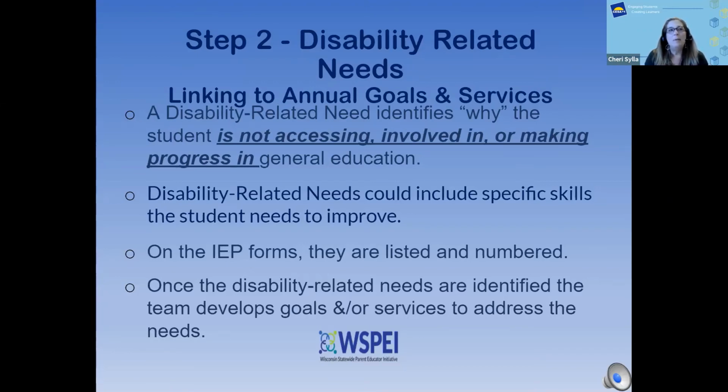So an example of that might be, the student has difficulty traveling from class to class, especially middle school, high school students, because there's so far of a distance between classes that maybe that student has that difficulty and has a need that needs to be addressed there.